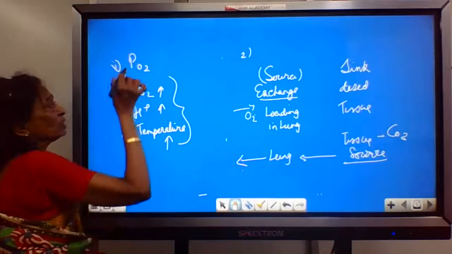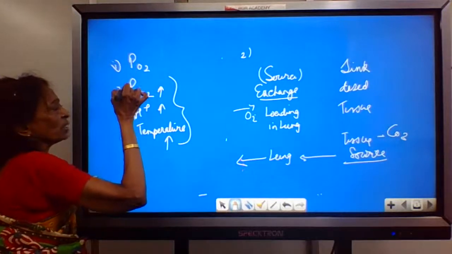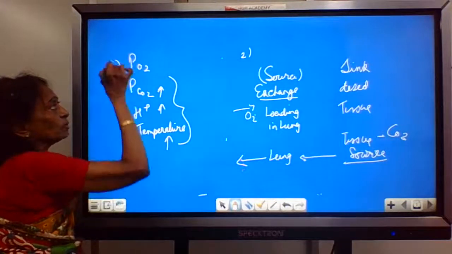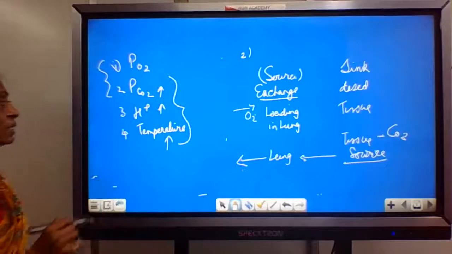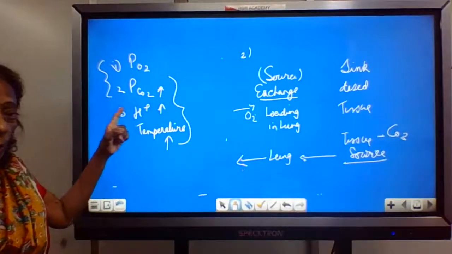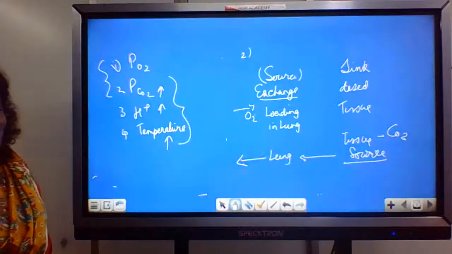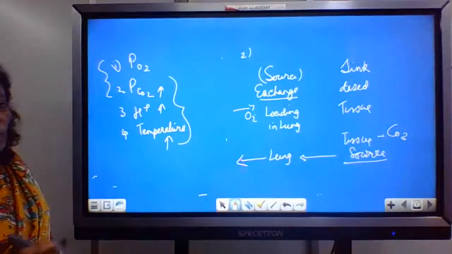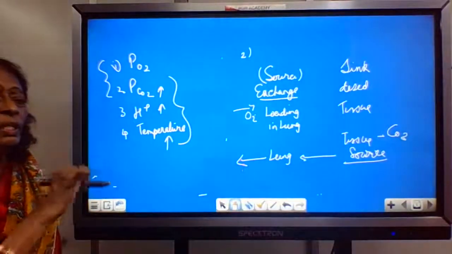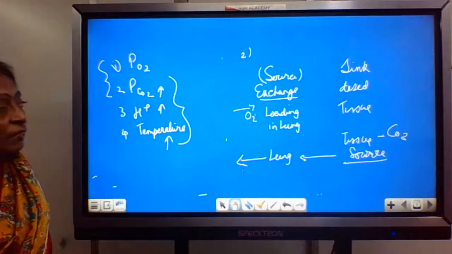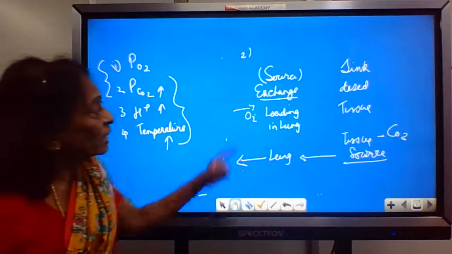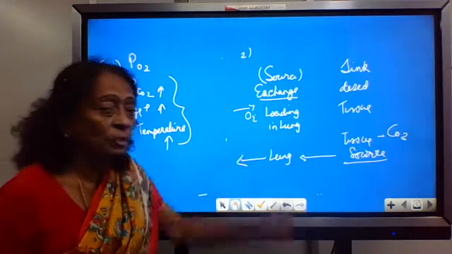Though there are the partial pressure of oxygen and the partial pressure of CO2, of these two, the partial pressure of CO2 plays a major role, because diffusion occurs only when the pressure of CO2 increases. For example, take the exchange between the lung and the tissue.